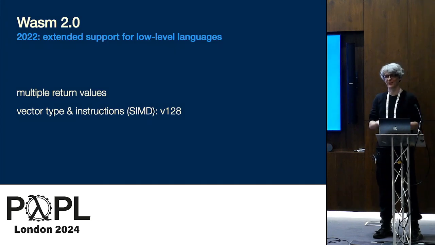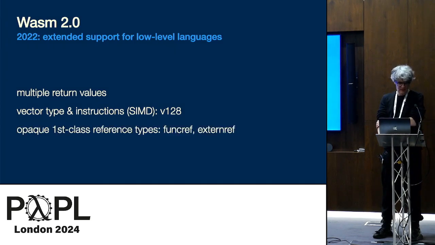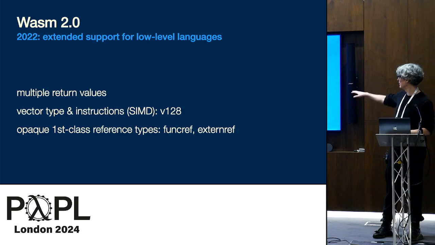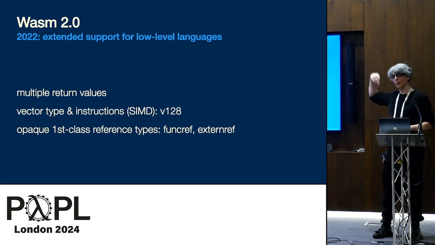As Sukyung pointed out, that makes it a bit painful. And then the semantically more interesting thing was that we added reference types as a completely new kind of value, really opaque things that you cannot store in memory because you must not be able to observe bit patterns. That might be pointers to functions or pointers to host objects.